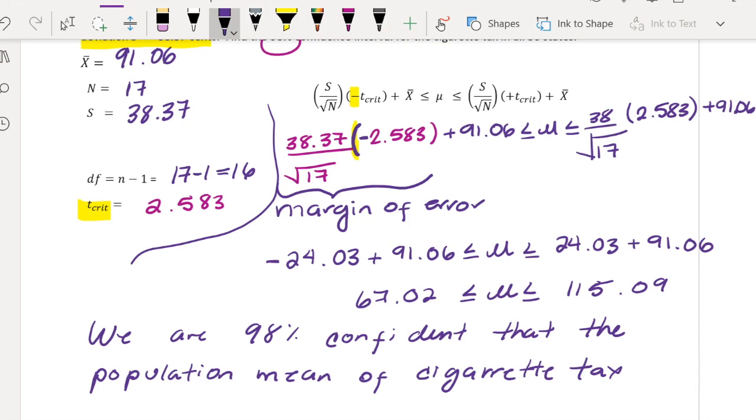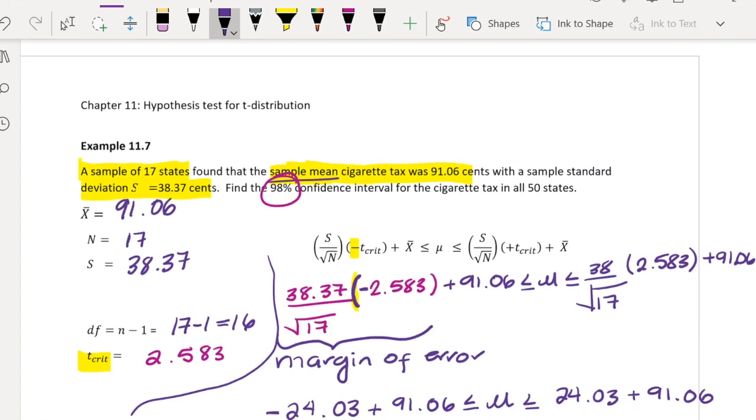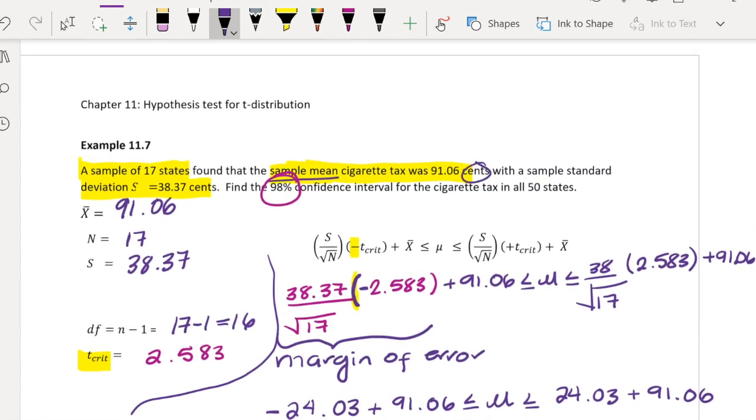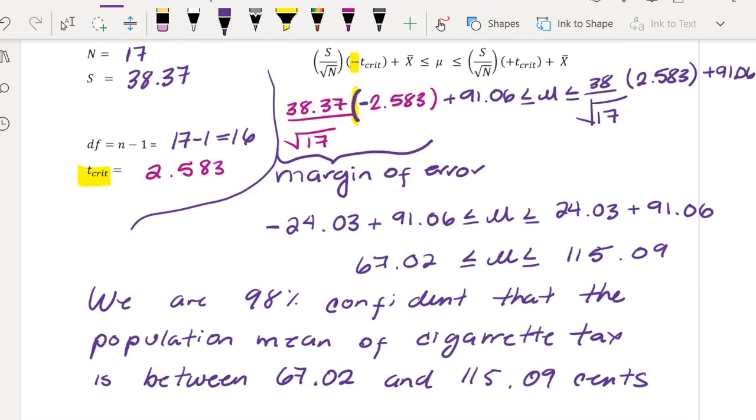I'm just going to let it go. Cigarette tax is between 67.02 and 115.09. I think the unit is cents. Yep, it is cents. So that's it. That's the conclusion.